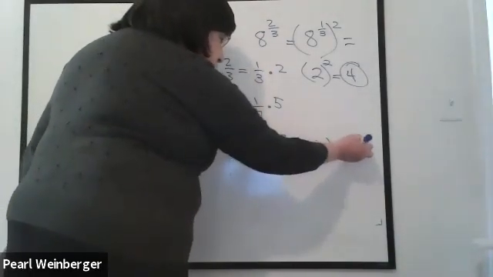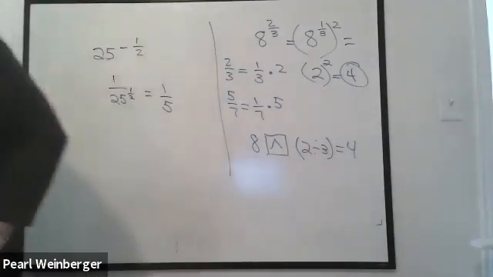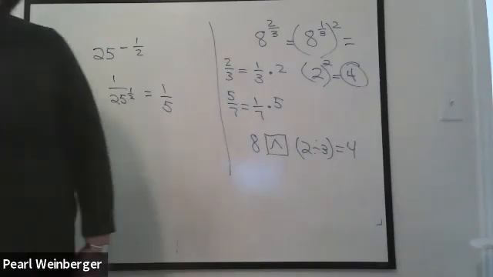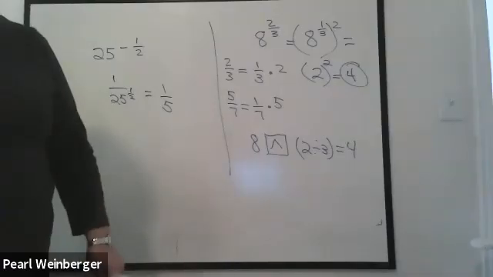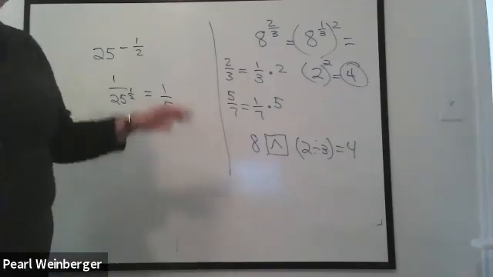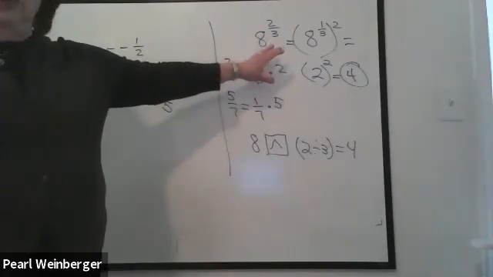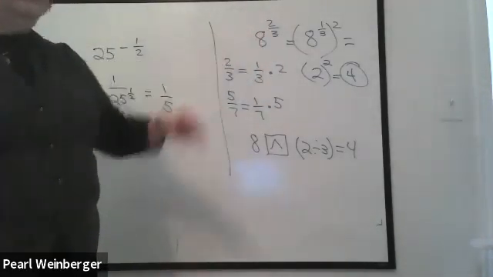And if you do that, it gives you 4 directly. So you can do these problems using your calculator, or you can do them in your head. But again, you have to understand that a fractional exponent tells you to take the square root or the cube root, whatever the denominator is.